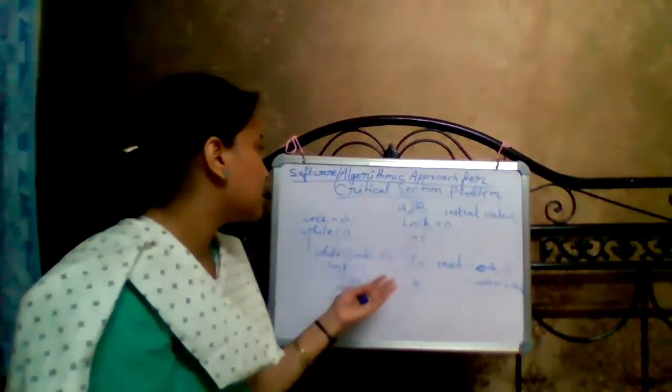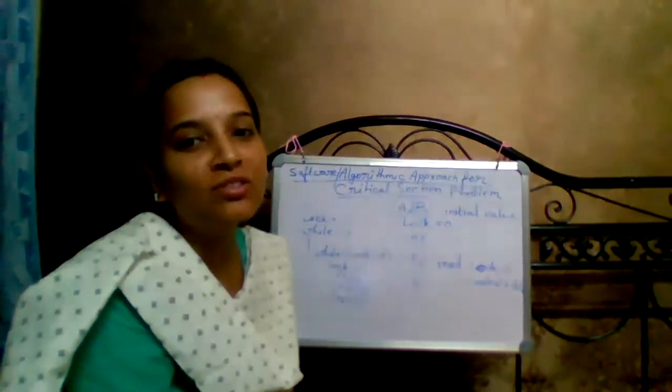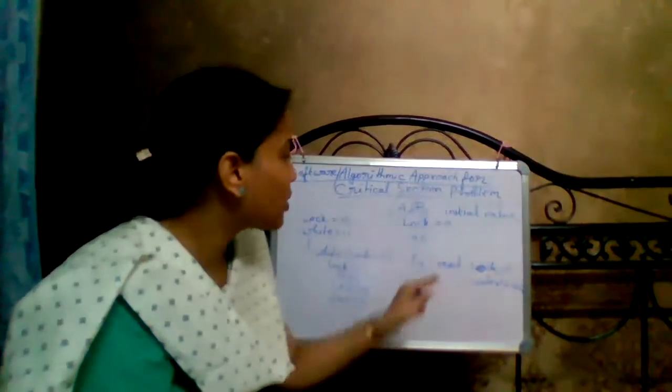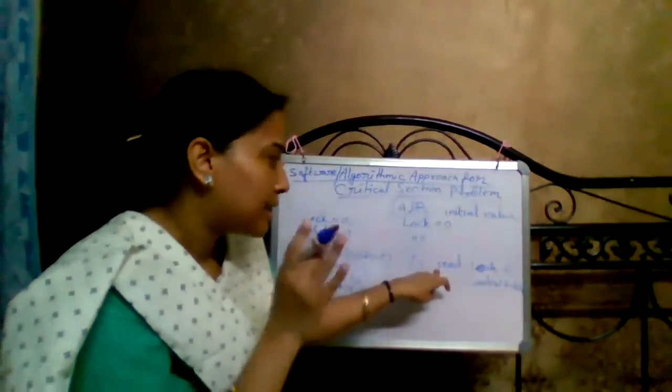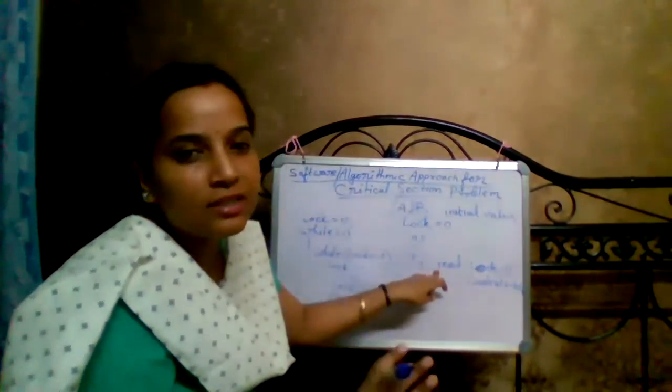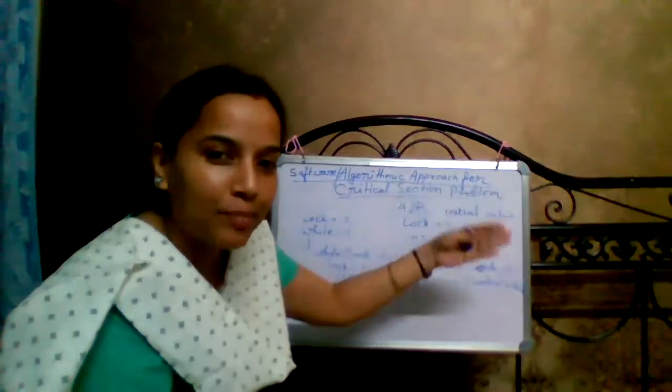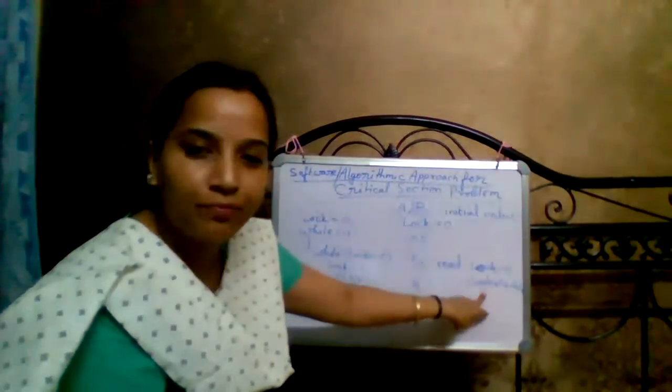It also checks that lock is equal to 0, because process A just read the value of lock as 0 and after that the context switch occurred.